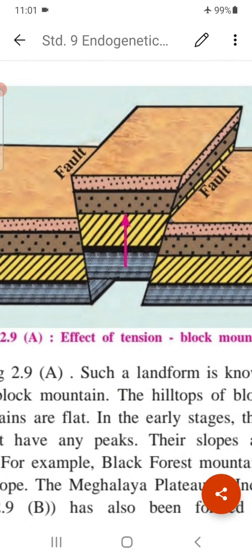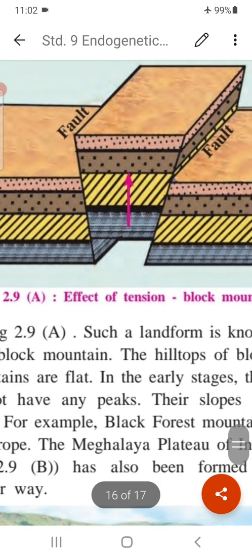One is due to the waves which are coming towards each other, and one is due to the waves which are going away from each other. And due to these two parallel faults, what happens? The earth's crust is lifted upside, and it looks like a block.